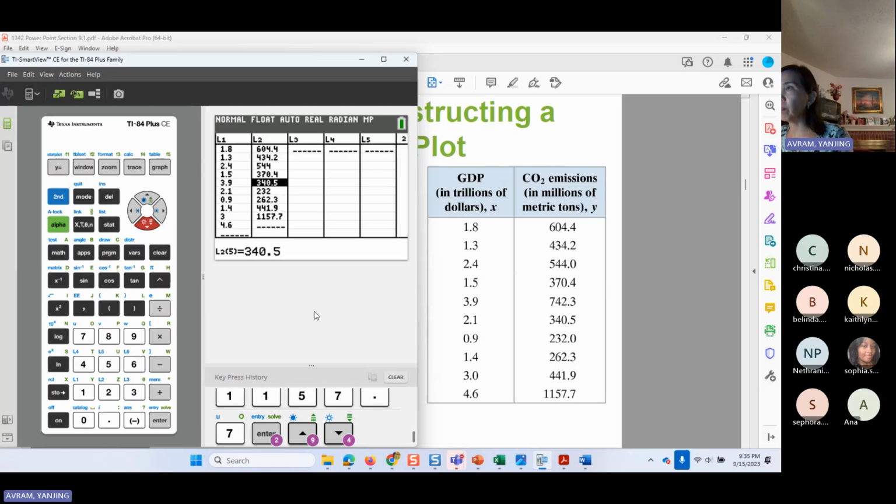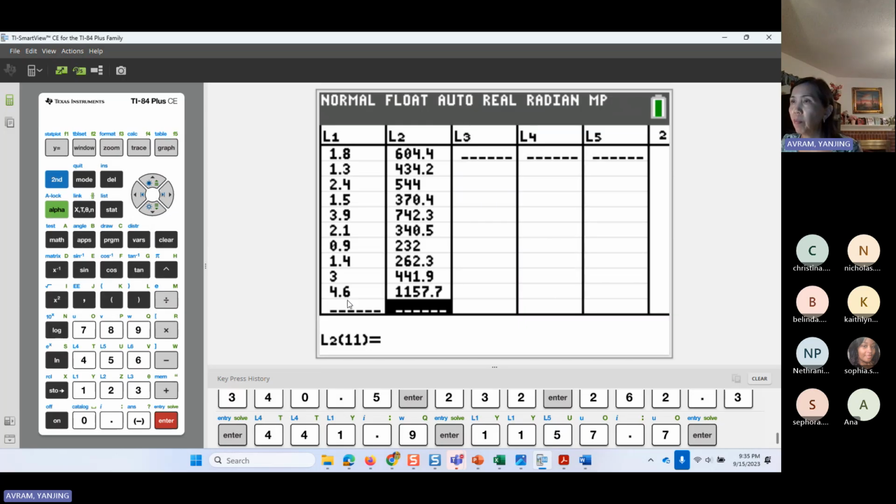Look at it. I missed the 742.3. Okay, and then that's 340.5. Okay, so now the left side and the right side are the same.